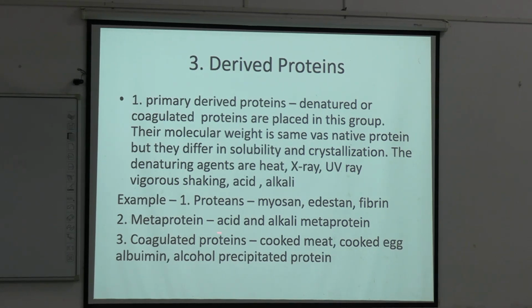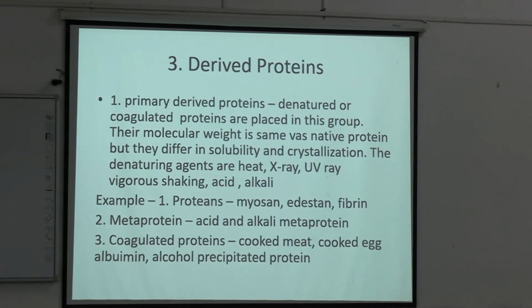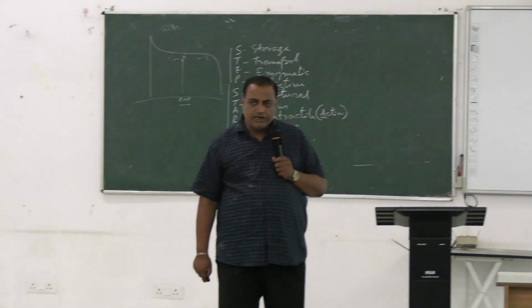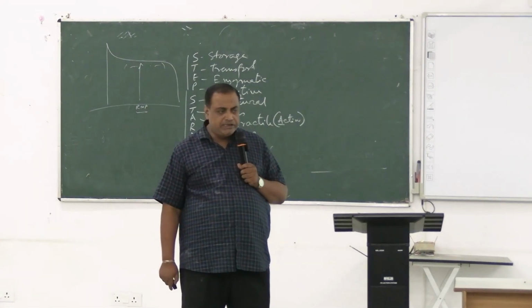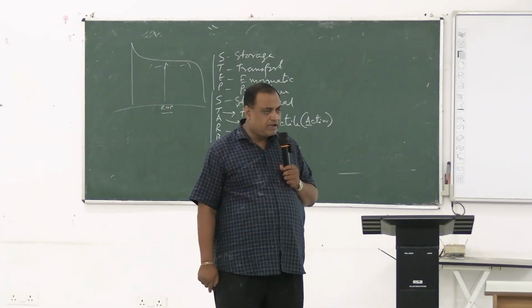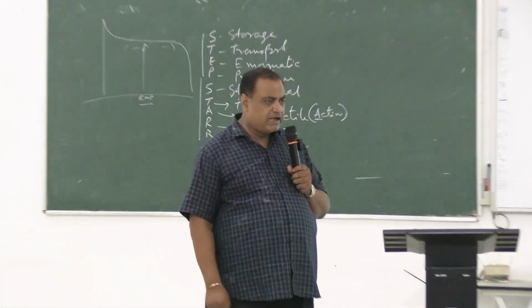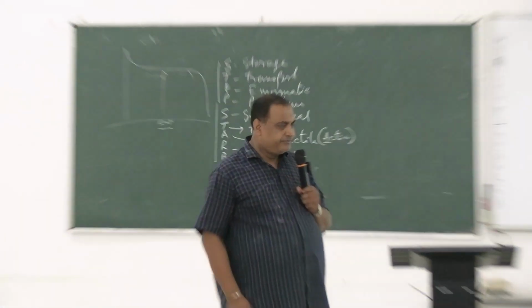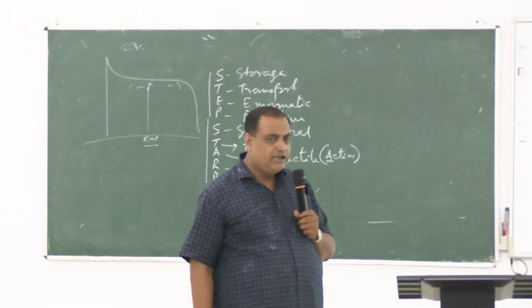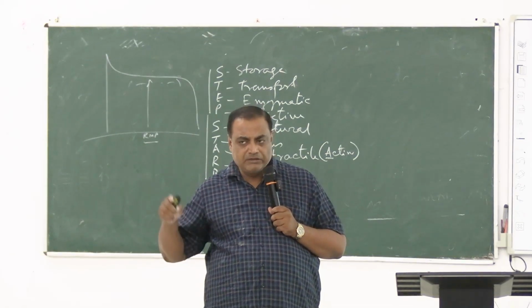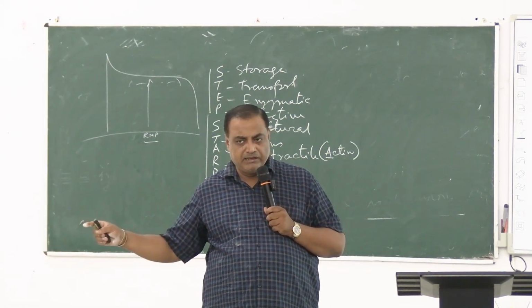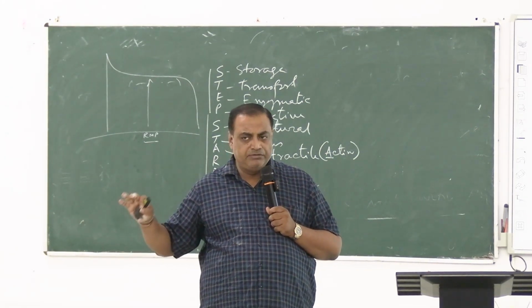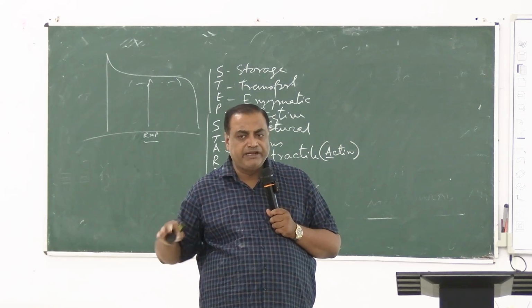Metaproteins, acid and alkali metaproteins. When proteins are acted upon by acids and alkali, they change their shape along with some addition of hydroxyl ion. They are called acid or alkali metaproteins, not the same as native protein, but similar to native protein structure. That's why metaprotein.